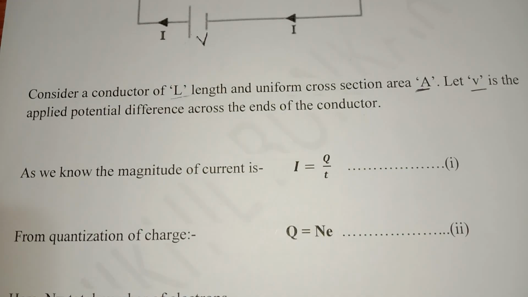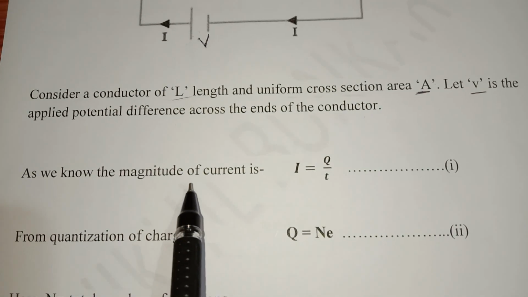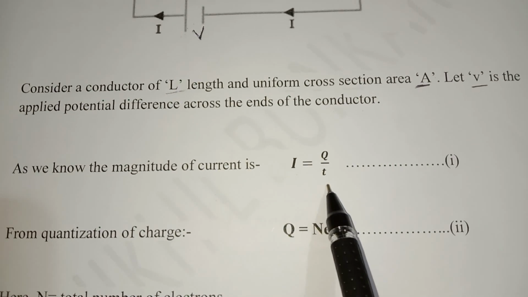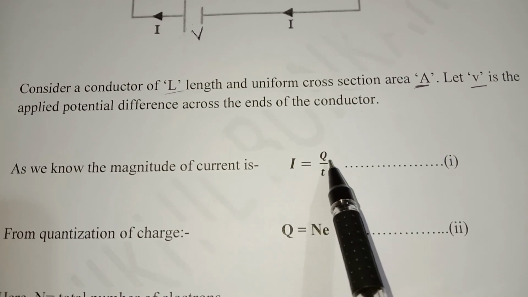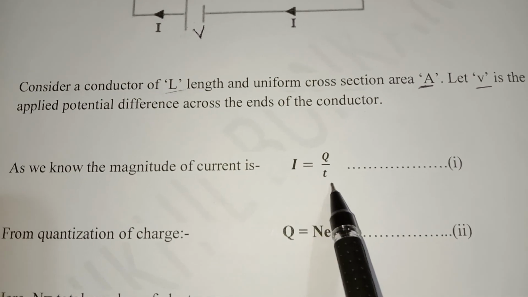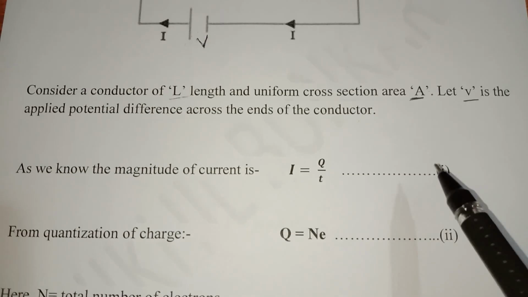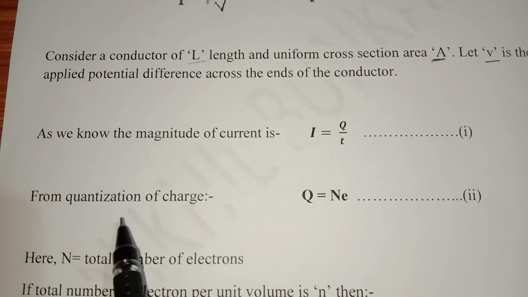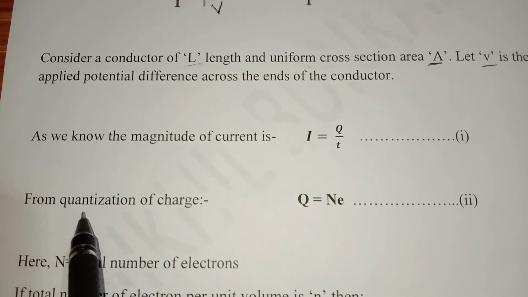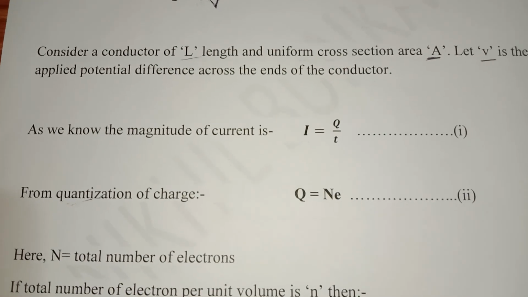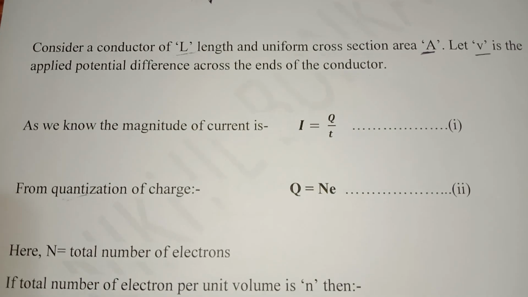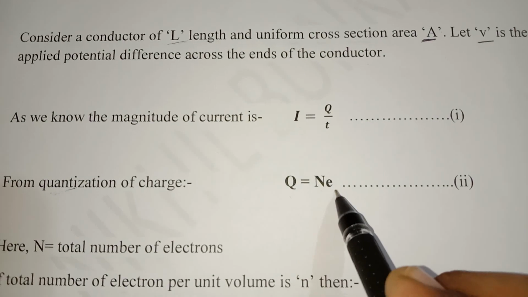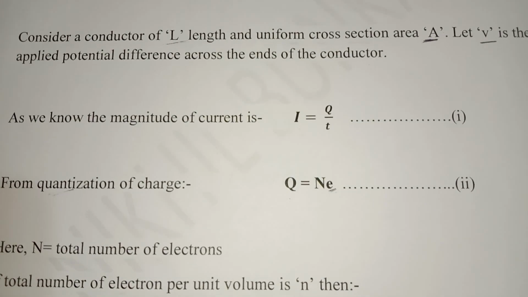Now, as we know, the magnitude of electric current is given by I equals Q by t. Here I is the electric current, Q is the charge, and t is the time taken. This is our first equation. Also, from the quantization of charge, which was discussed in the electrostatics unit, Q equals n e.